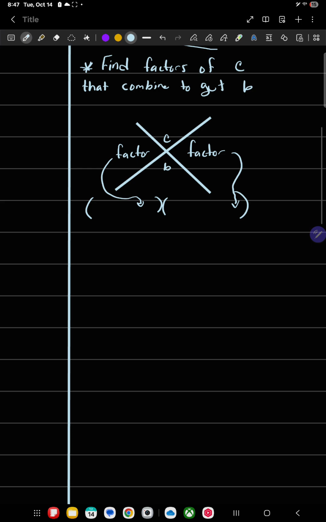Let's do an example this time. Let's do d squared minus 18d plus 45.